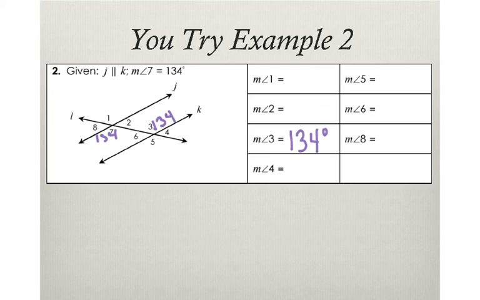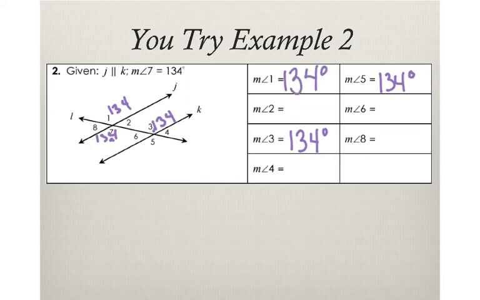Now, going off of the original angle that I knew, corresponding to that would be angle 5. So angle 5 would have to be 134 degrees. And then corresponding to angle 3 would be angle 1, so that's 134 degrees.